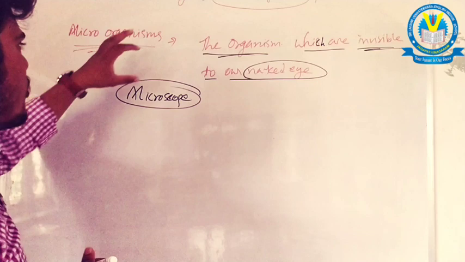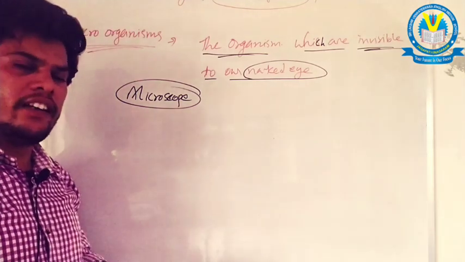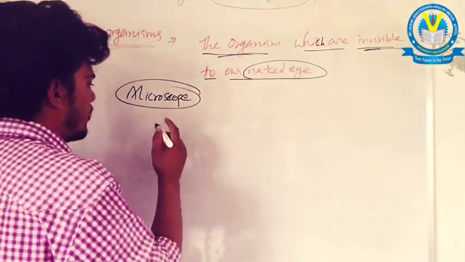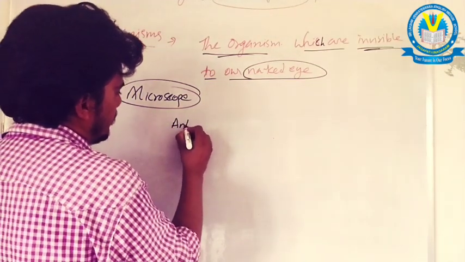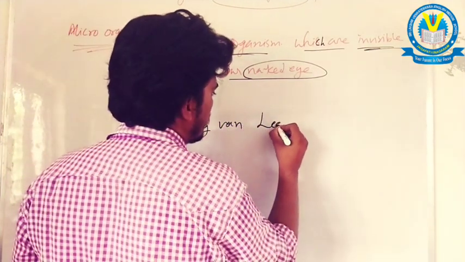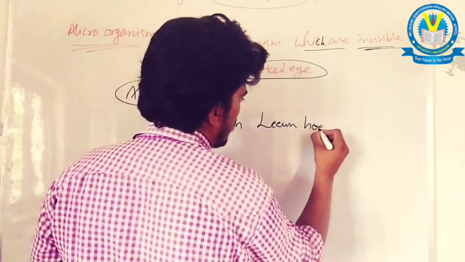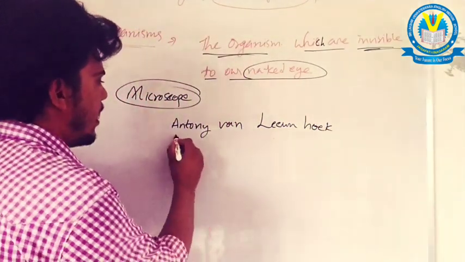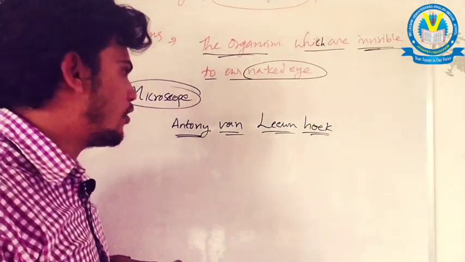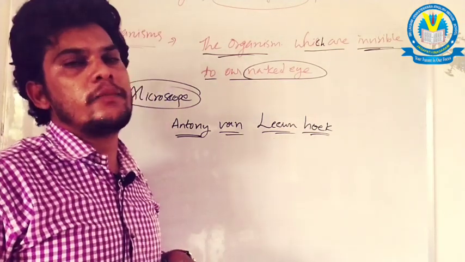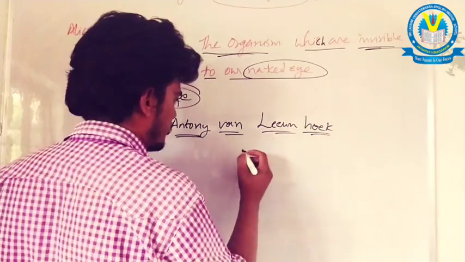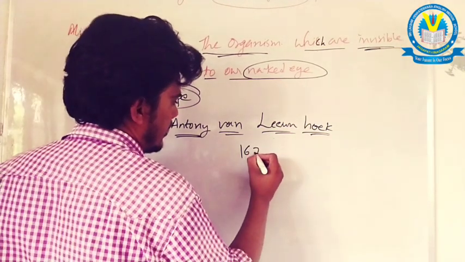Microorganisms were first introduced by the scientist Antony van Leeuwenhoek. He found microorganisms for the first time in history in the year 1674.